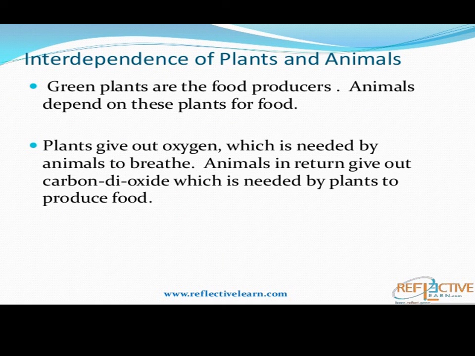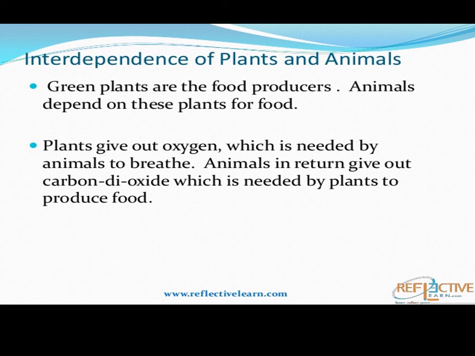Interdependence of plants and animals. Children, now you have seen that when photosynthesis occurs in the plants, they give out oxygen, and this oxygen is taken by us and we stay alive, and we exhale carbon dioxide which is again used by the plant in their process of photosynthesis.